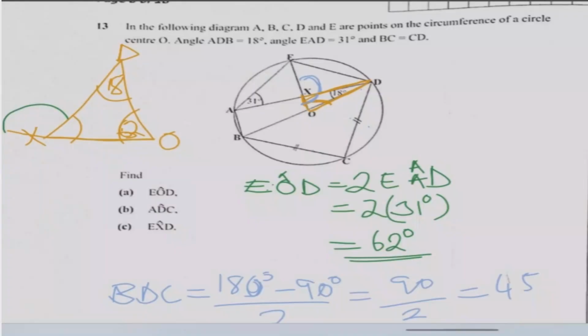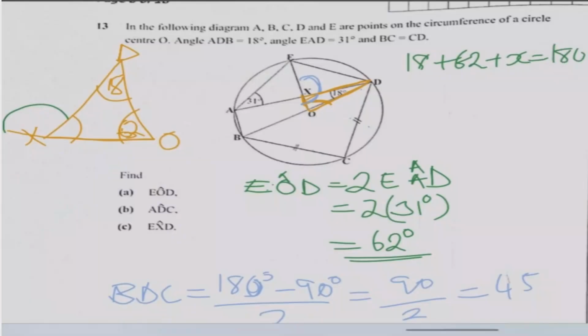Now we're going to find that value. You can use the property that the sum of interior angles of a triangle is equal to 180 degrees. That means 18 degrees plus 62 degrees plus X, the angle we don't know, is equal to 180 degrees.